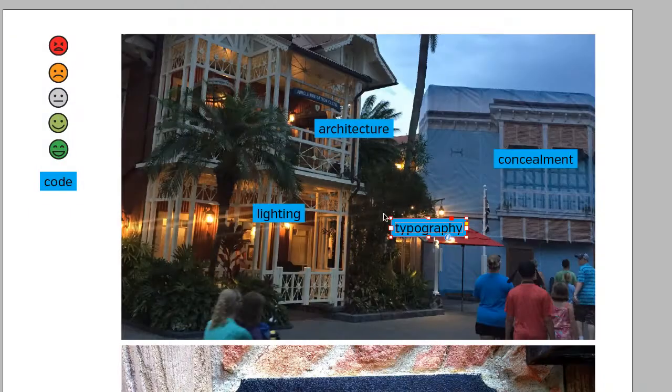Notice though, my big research question for this is, what are the details, or what are examples that Disney Imagineering, Disney Parks have captured or implemented to create magic? Let's go back to my examples again. So typography, lighting, architecture. Here's another typography.